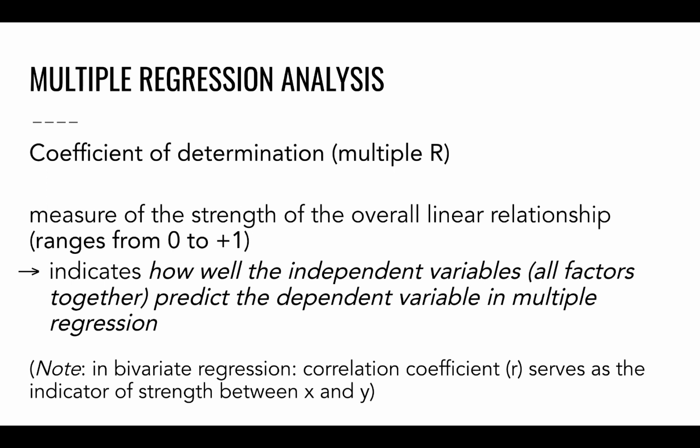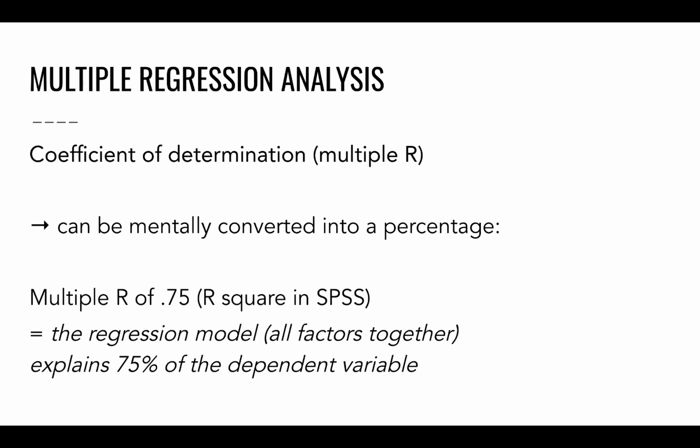You can basically compare it a little bit with a correlation coefficient in simple regression, in bivariate regression. In that case, when you only have one predictor, your correlation coefficient will serve as an indicator of the strength between x and y. But since in multiple regression you have multiple predictors, here we cannot get away with just a correlation coefficient. We use a coefficient of determination, or also called multiple R.